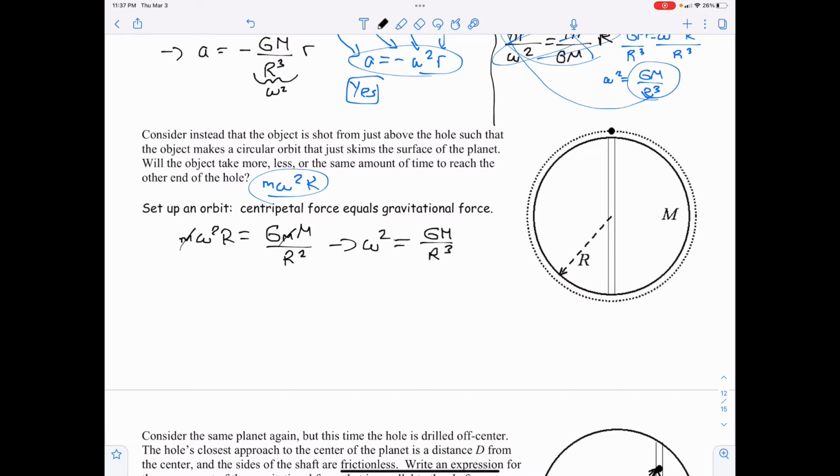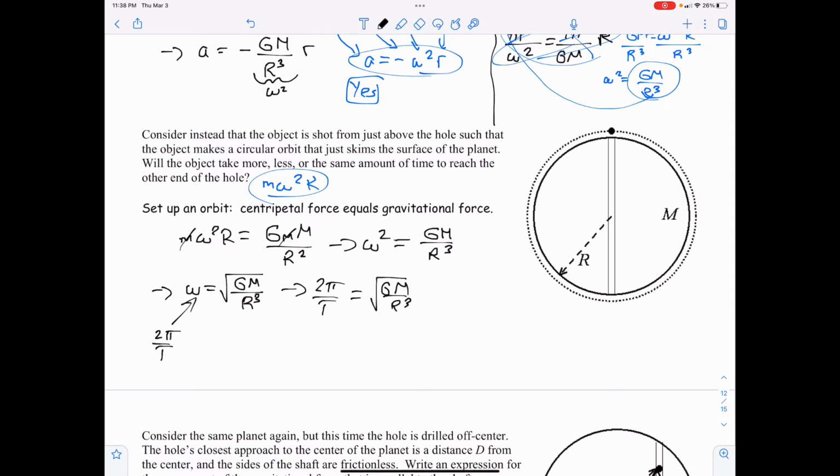That means omega is equal to the square root of GM over r cubed, and recall that this is equal to 2 pi over the period. So 2 pi over the period equals the square root of GM over r cubed.